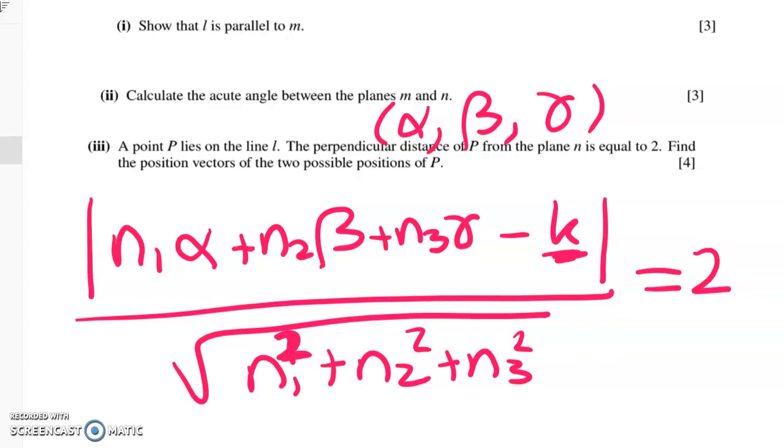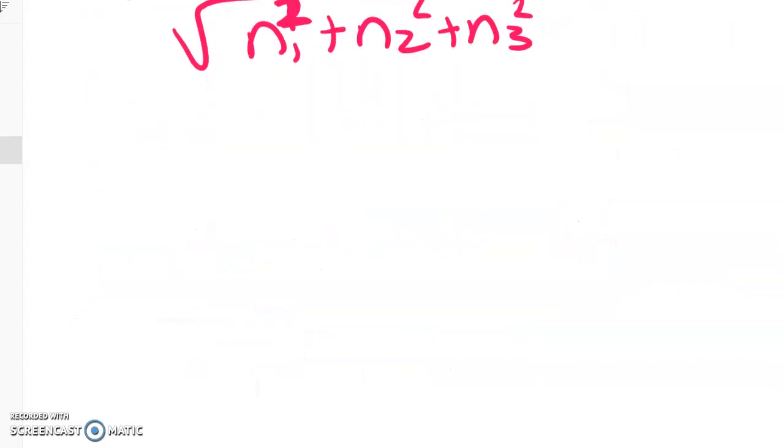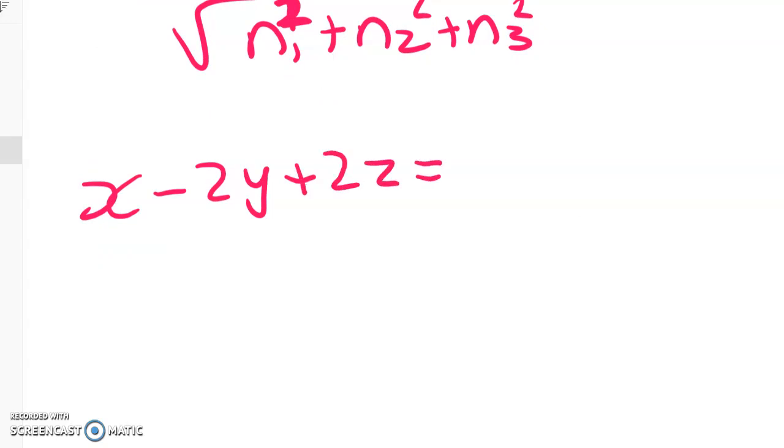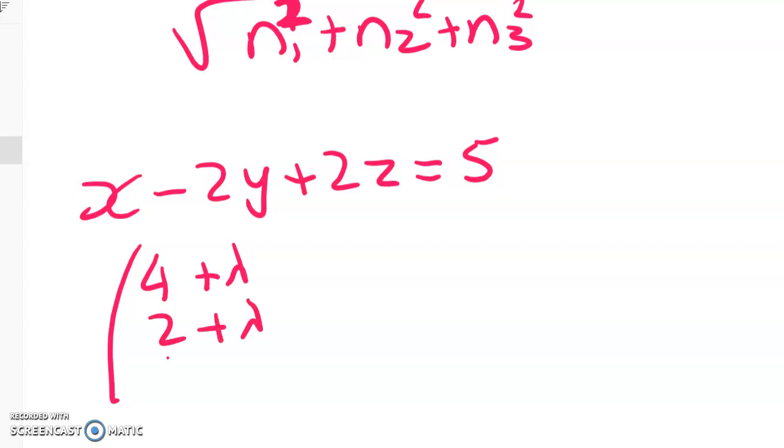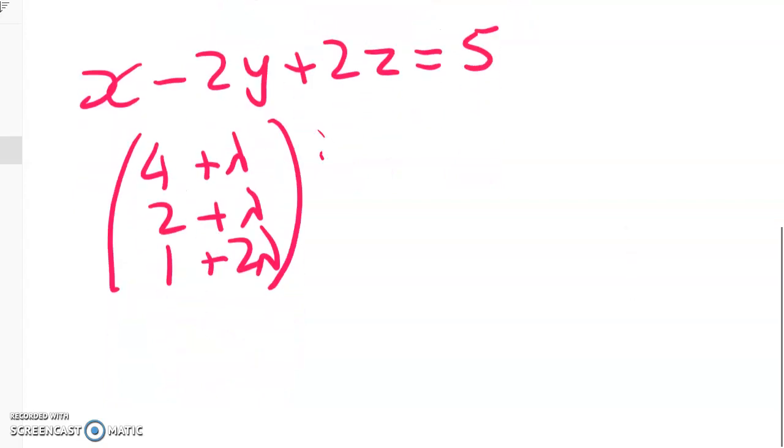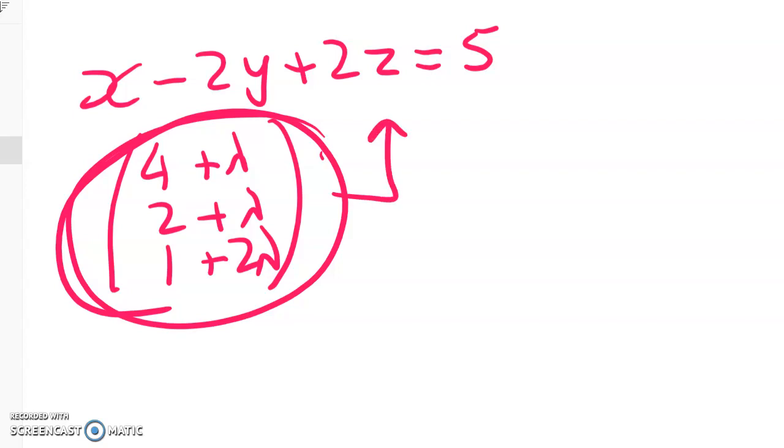So, I'm just finding my bit of paper. Where's it gone? Right. So what's my normal equation? Well, the plane is x minus 2y plus 2z is equal to 5. And the general equation of the position vector on that line that we're looking for is 4 plus lambda, 2 plus lambda, and 1 plus 2 lambda. So this is going to give me the distance from any point on that line to that plane.